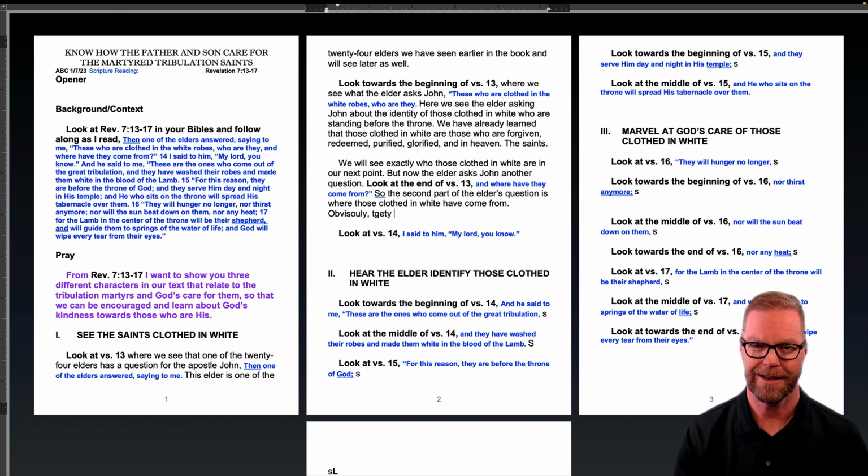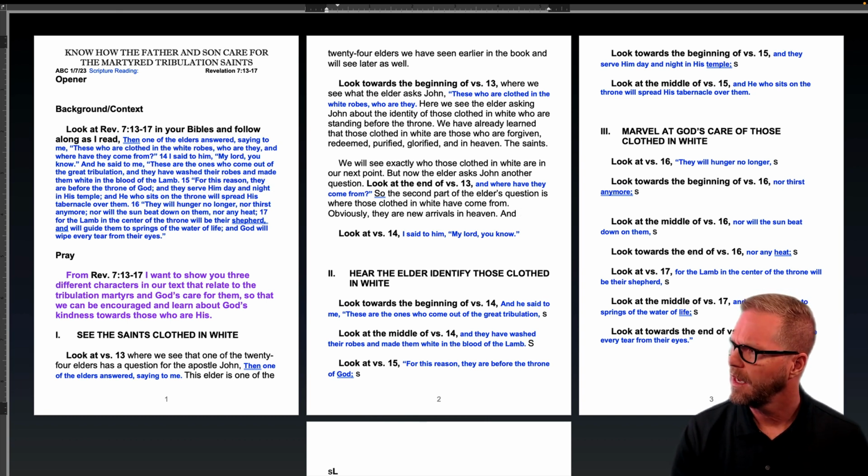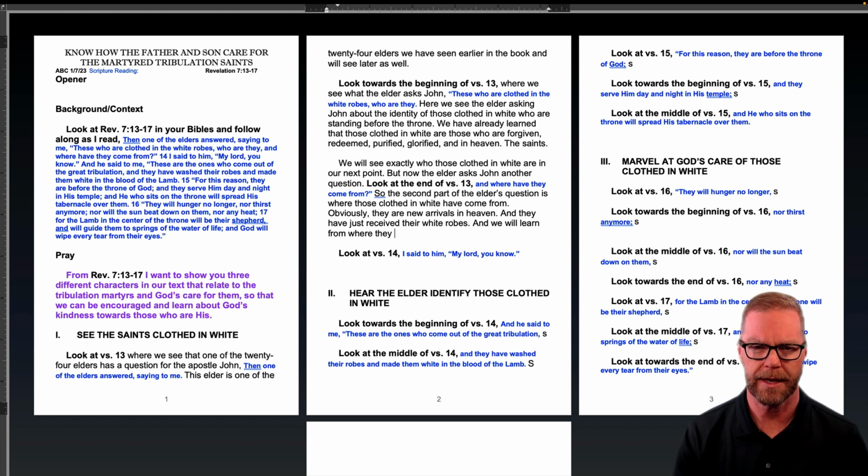Obviously, they are new arrivals in heaven, and they have just received their white robes, and we will learn where they come from in our next point.